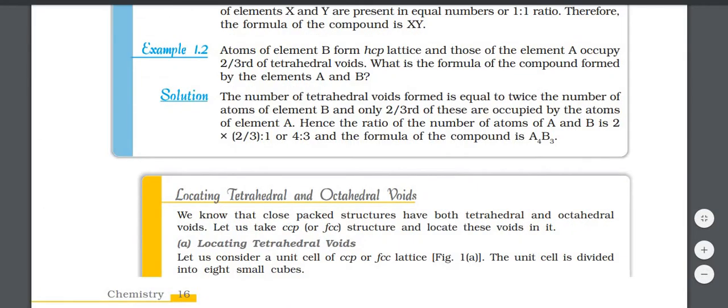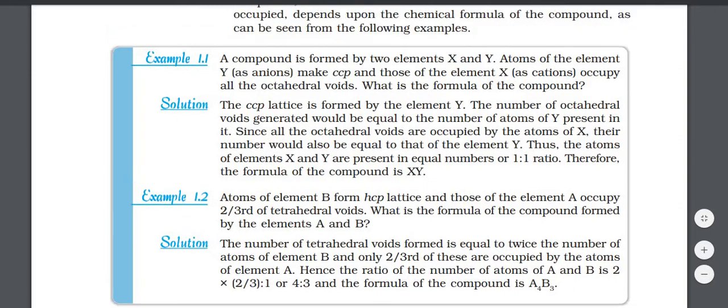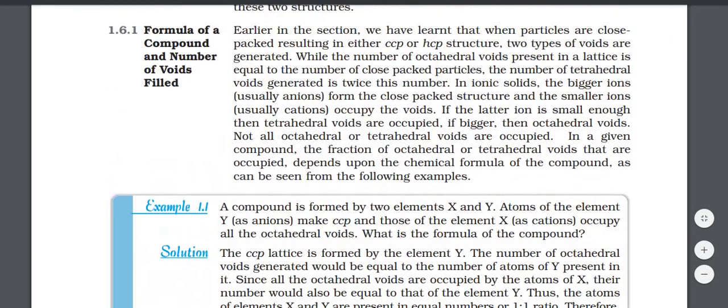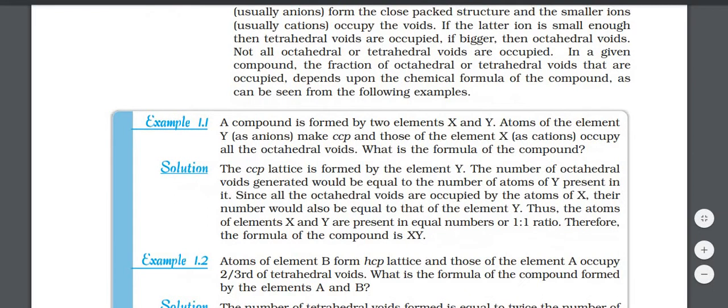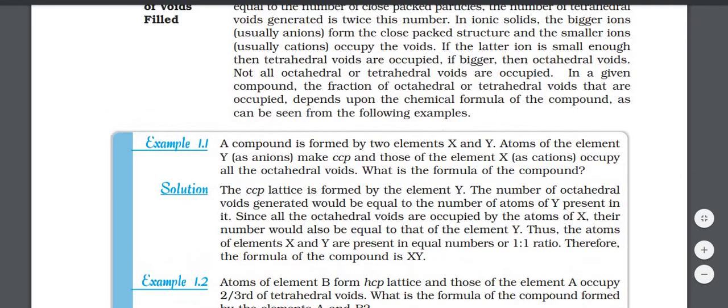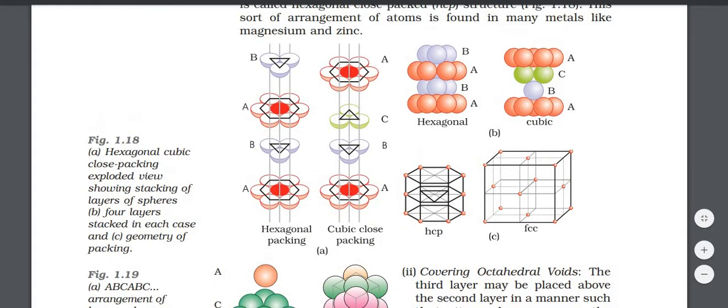Okay, now there is one question in regard to the number of atoms. Students always find this question typical, but whatever you can understand, just understand it. Here the concept used is: number of tetrahedral voids is equal to double the number of octahedral voids.